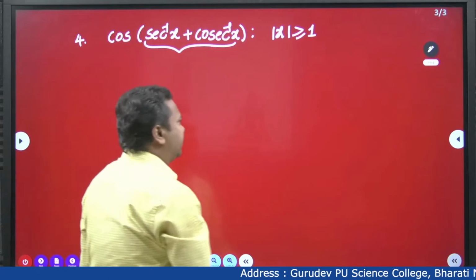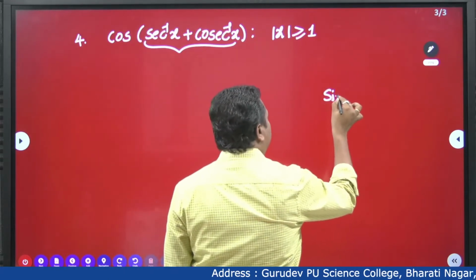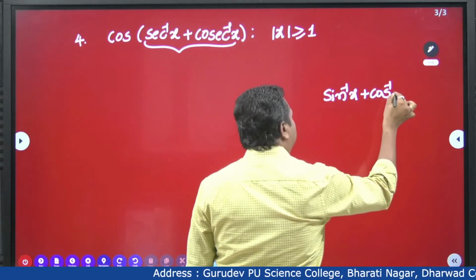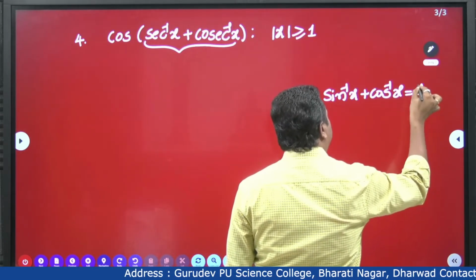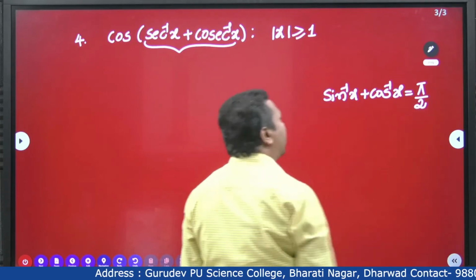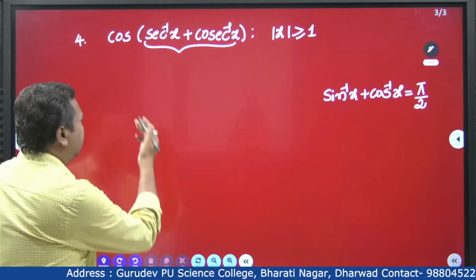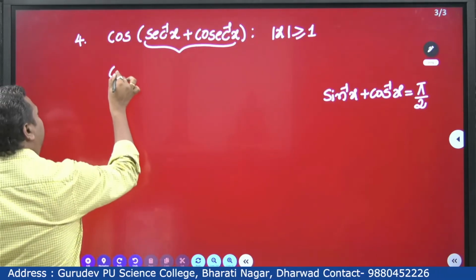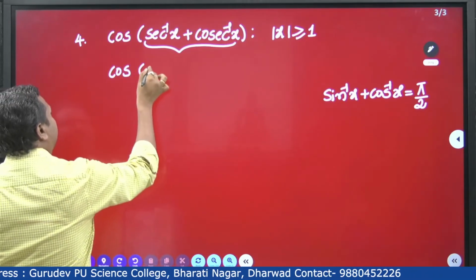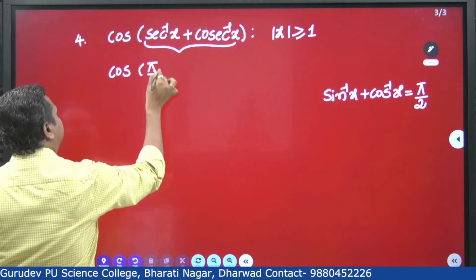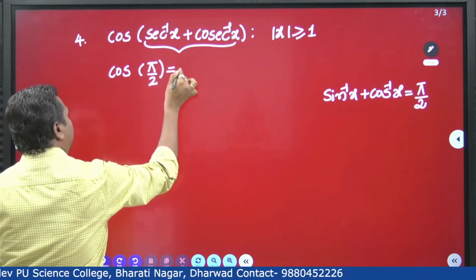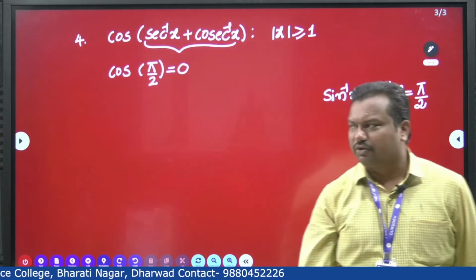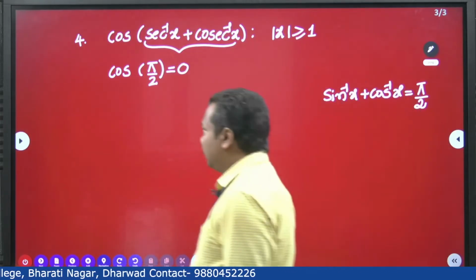Do you remember? Sin inverse x plus cos inverse x, for defined x values, is always equal to pi by 2. Hence, it follows for secant inverse x plus cosecant inverse x too. Therefore, what is my answer in this case? Cos of pi by 2. What is cos of pi by 2? It is nothing but 0. So cos pi by 2 is 0.